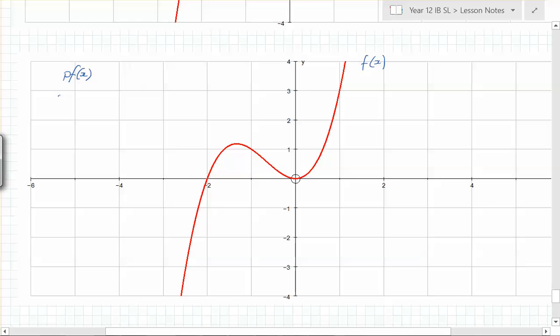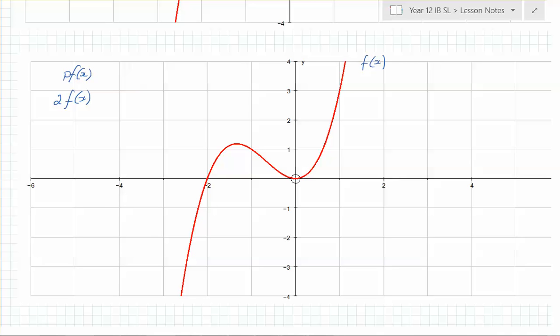If I did 2 times f of x, that means basically all I'm doing is I put an x value in, I work out the y value, but then what do I do? Multiply it by 2. Now the thing about multiplication is, the bigger the number I want to double, the bigger the impact it will have, no?